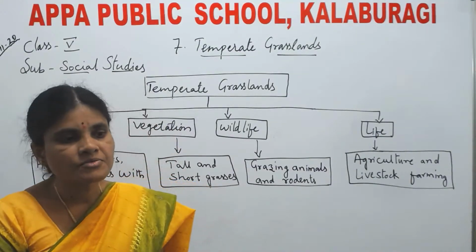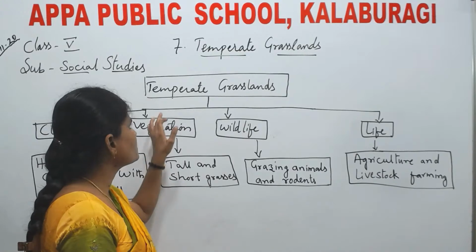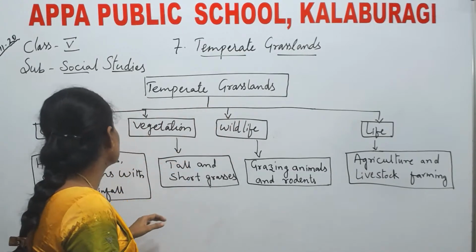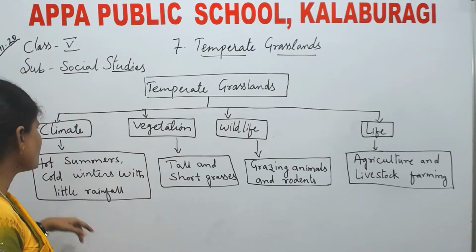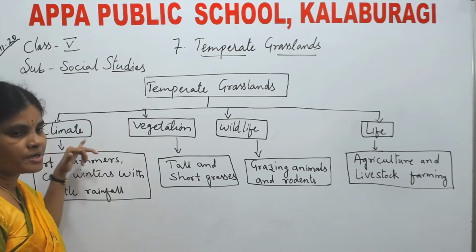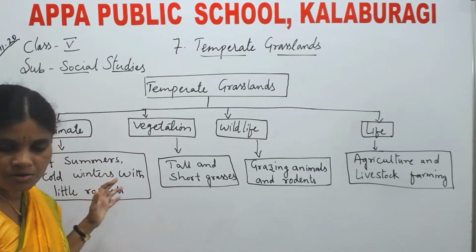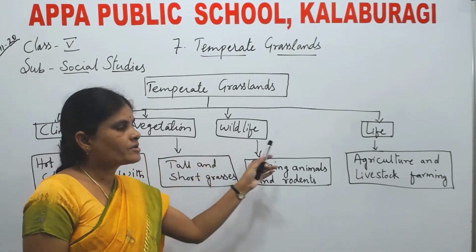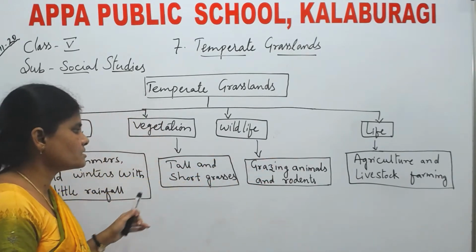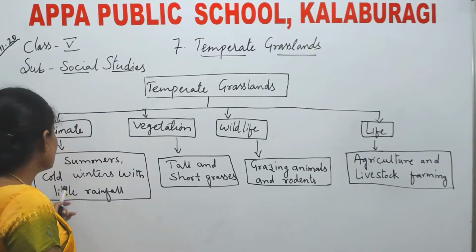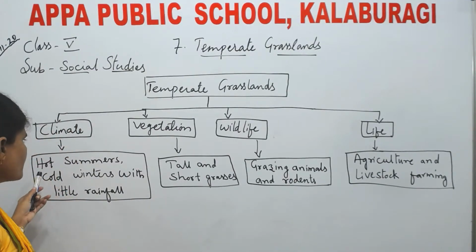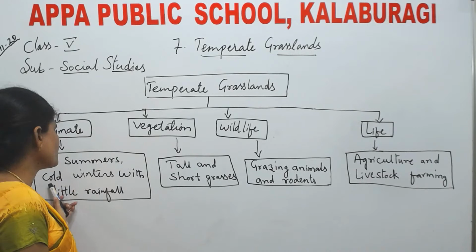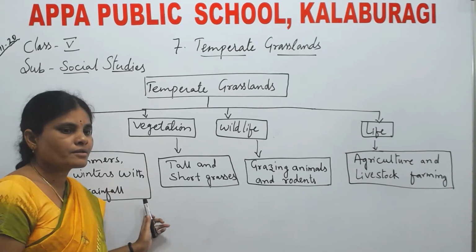Now, in this lesson, we are going to learn about the temperate grasslands: the climate, vegetation, wildlife, and the life of the people. How is the climate here? Hot summers and cold winters, little rainfall.